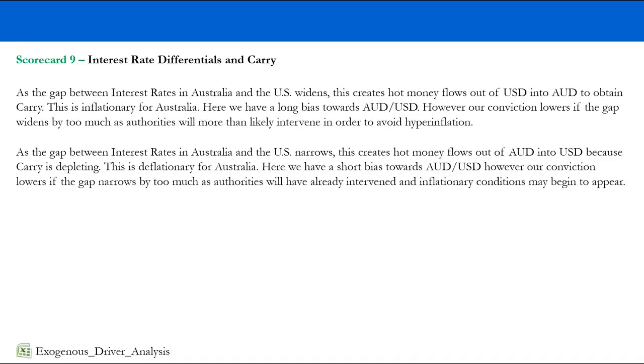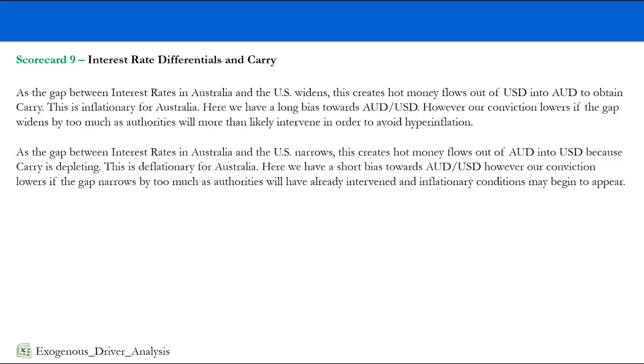Well, as the gap between interest rates in Australia and the US widens, this is basically creating hot money flows out of the US dollar into the Aussie dollar to obtain the carry, because the interest rate in the United States is getting lower relative to the interest rate in Australia.